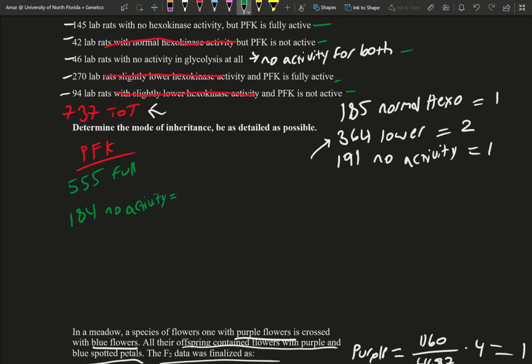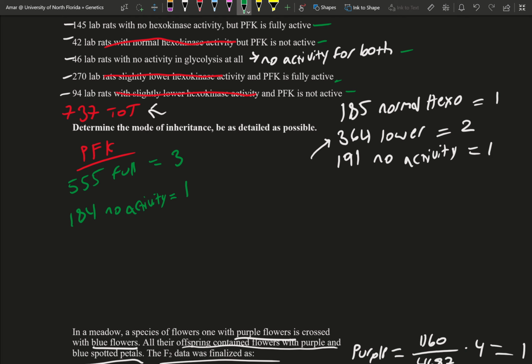So we're going to do the exact same equation right here. 555 divided by the total, and we're going to multiply it by the denominator of a monohybrid cross, which is 4. We get a ratio that is 3 over there, and then 184 gives 1, a 3-to-1 ratio.